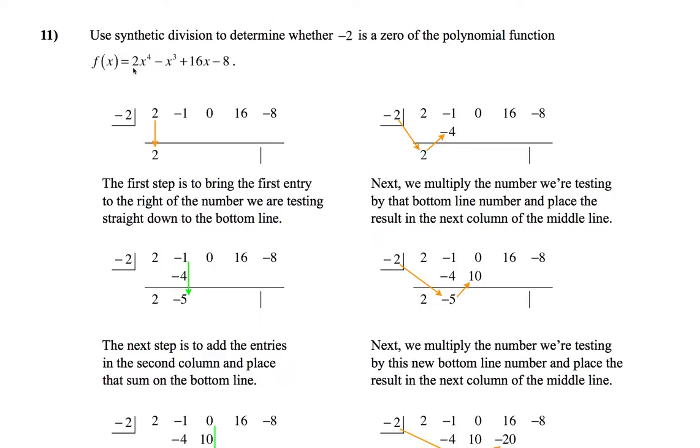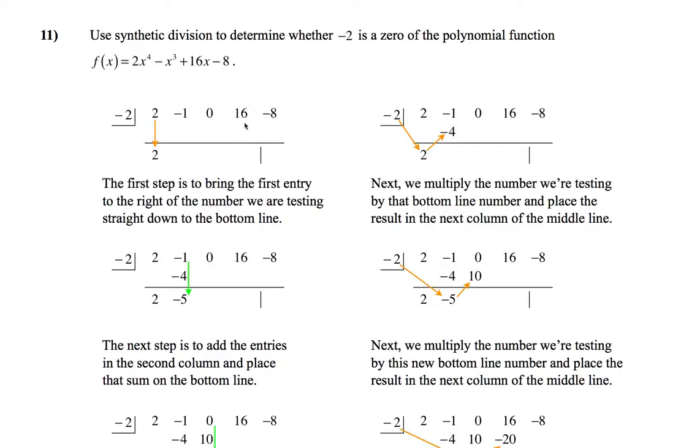So the leading coefficient is 2, that's here. The next coefficient is -1, that's here. And there's no x squared term, it's missing, and so we need a 0 as a placeholder for it. Don't overlook that. The next coefficient is 16, and finally the last is -8.